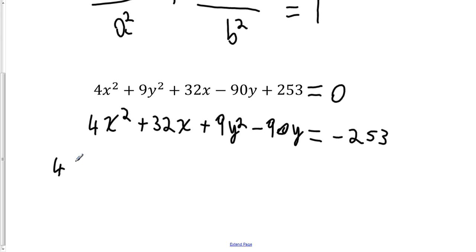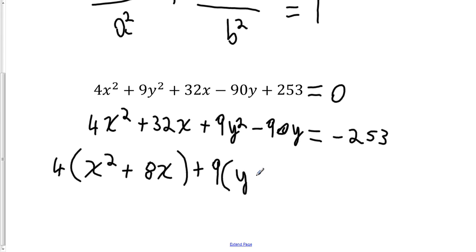So I'll have 4, factoring out the 4 out of only the x terms: 4 times x squared plus, and 4 goes into 32 eight times, 8x, and then plus, out of the y terms, I'm going to factor out a 9 so that the leading coefficient for y is also a 1. That's going to be y squared minus 10y, and this is still equal to negative 253.